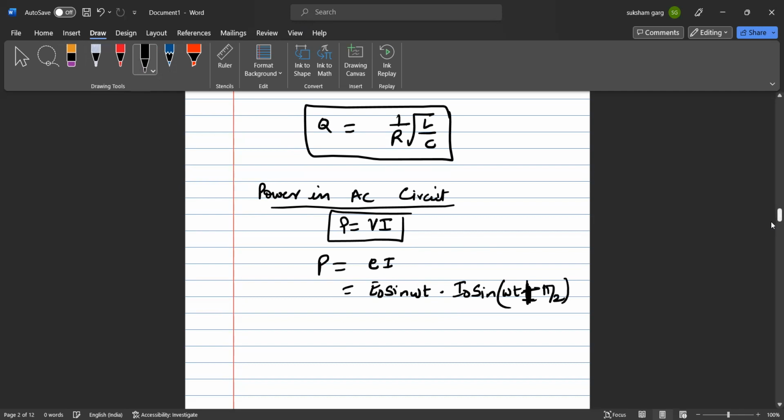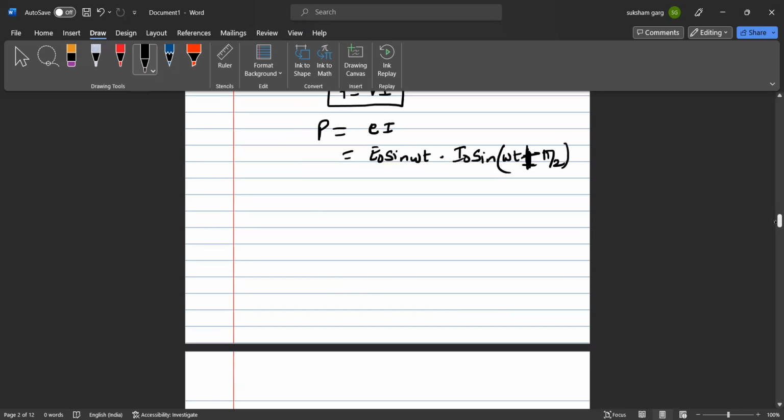And after solving this and taking its integral over time, I will get the value of average power in an AC circuit to be equal to E naught I naught divided by 2 multiplied by cos phi, where I can split it further, E naught by root 2, I naught by root 2 into cos of phi. That is P average.